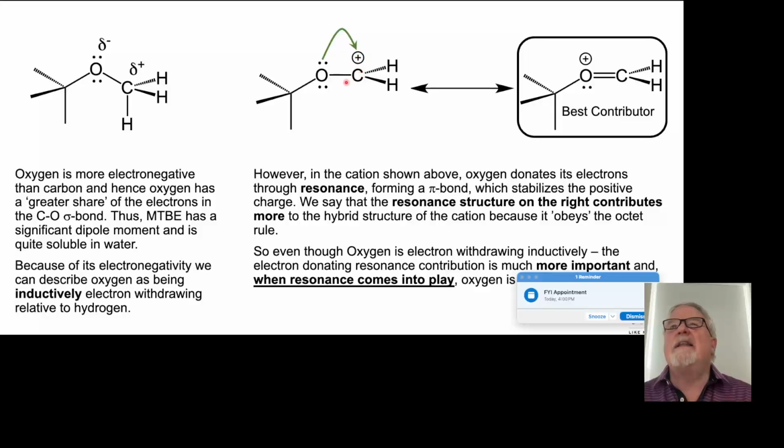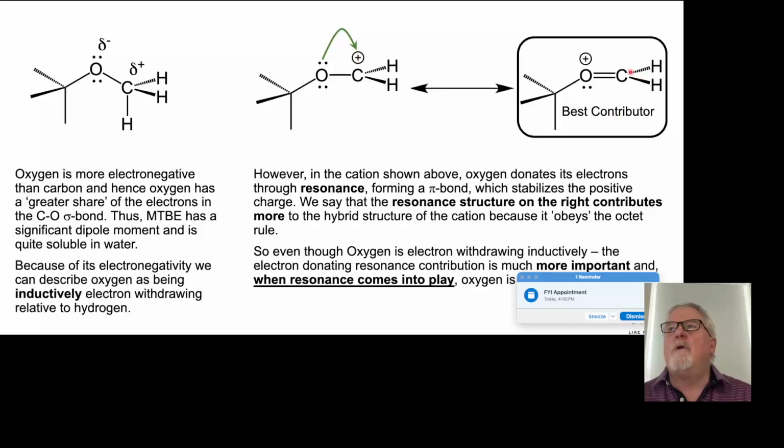That carbocation is considerably more stable than we might expect because the electrons that are in the p orbital of the oxygen line up with the p orbital in the carbon, and we can get this donation. So oxygen has dual competing pathways. Inductively, it's electron withdrawing, but through resonance, it's electron donating.